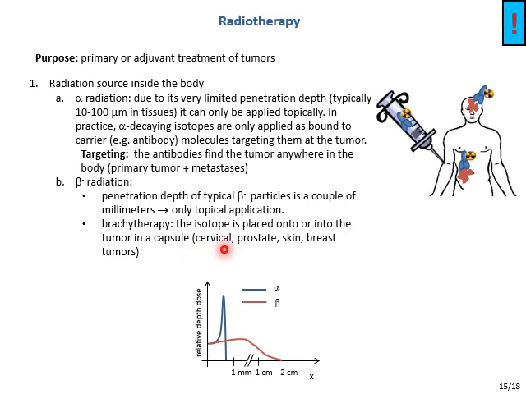So this principle applies, for example, to cervical or prostate cancer, skin, and breast tumors. The red curve at the bottom of the figure demonstrates the ionization density produced by the beta particle, and you can see that this is quite evenly distributed all throughout the path of the beta particle.